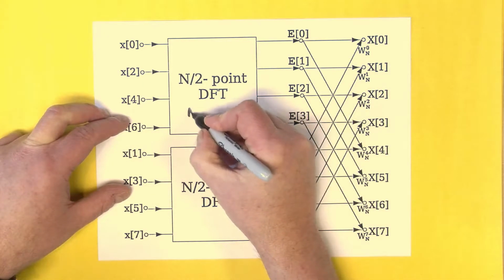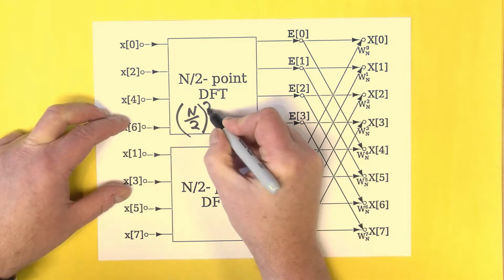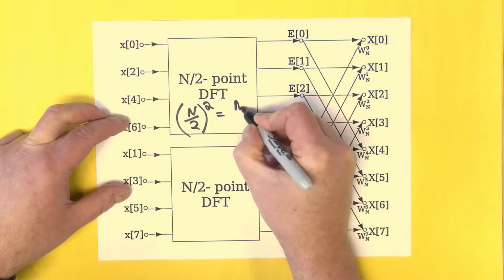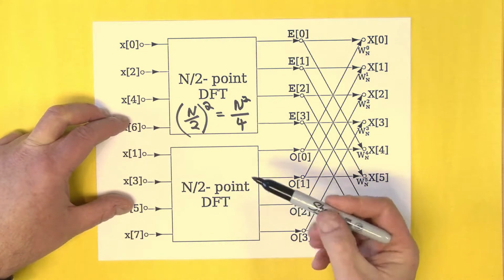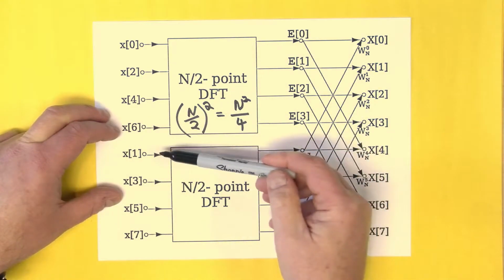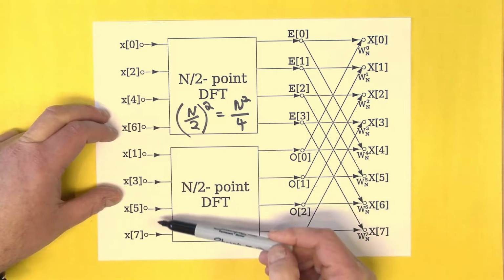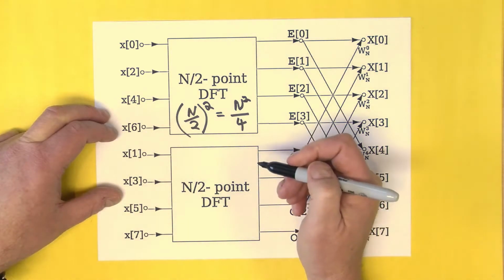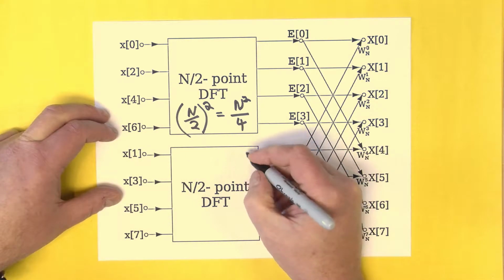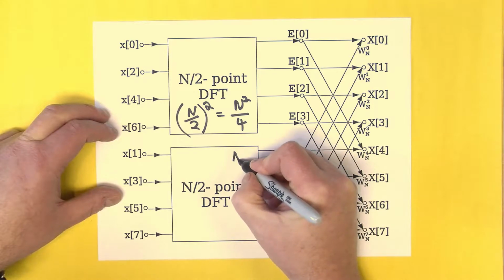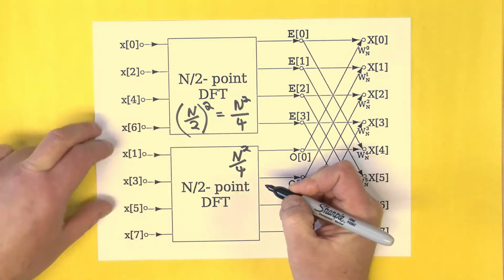For n over 2 points, we have n over 2 squared calculations, equals n squared over 4. And if we take the other half of the points, and you'll notice they're separated into the even points and the odd points of our time sample data, we can do another half-size fast Fourier transform calculation, which again consumes n squared over 4.